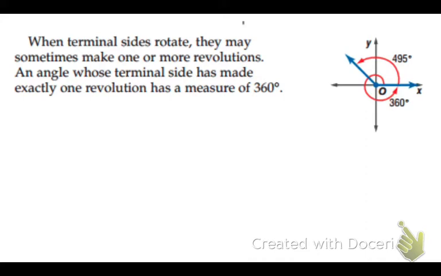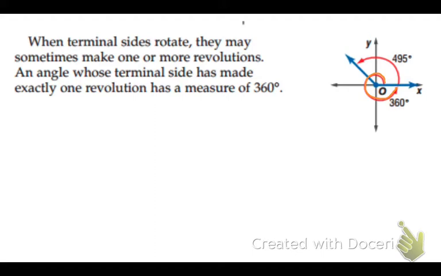When the terminal side rotates, it sometimes makes more than one revolution. We can go all the way around more than once. Of course, we know an angle whose terminal side has made exactly one revolution is said to be 360 degrees. If I go all the way around this circle one time, that's 360 degrees.